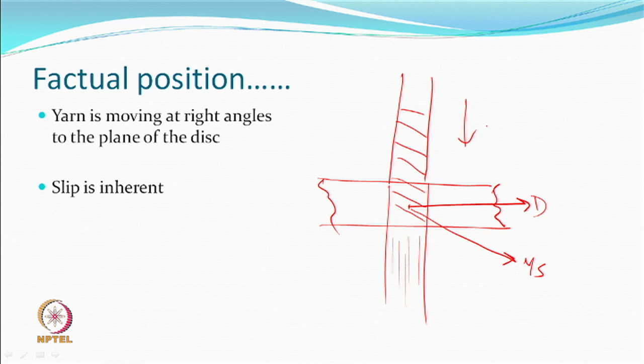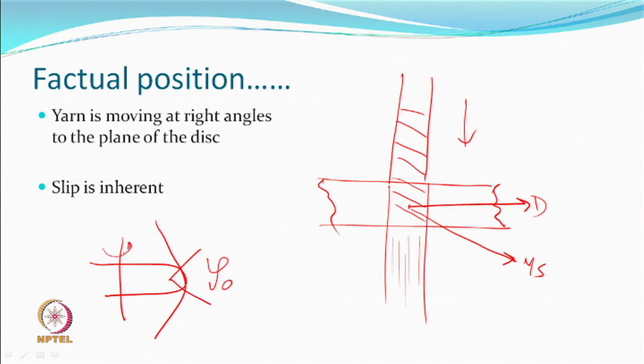But if you look at the plane of the motion of the yarn and the plane of the motion of the disc, they are at right angles, all right, that is what it is. So, we show it also like this. So, you do have a wrap angle, let us say some psi naught, and you are rotating.